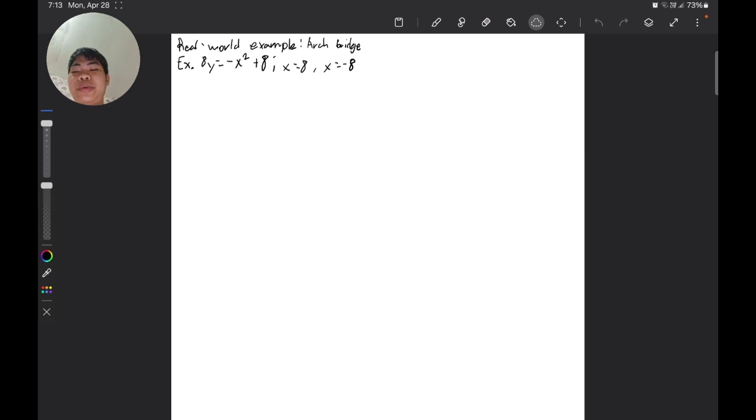To solve, we will be using the same formula we used earlier. Before we get its antiderivative, we will first simplify the following function by dividing both sides of the equation by 8.